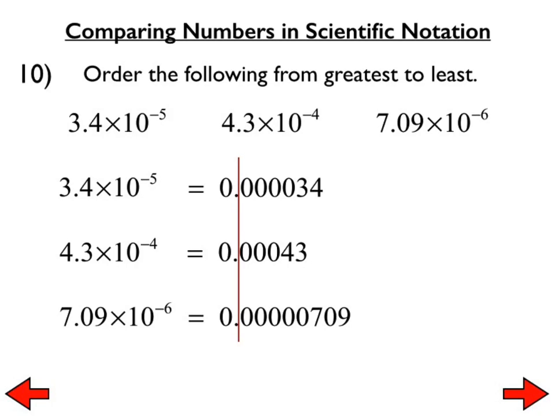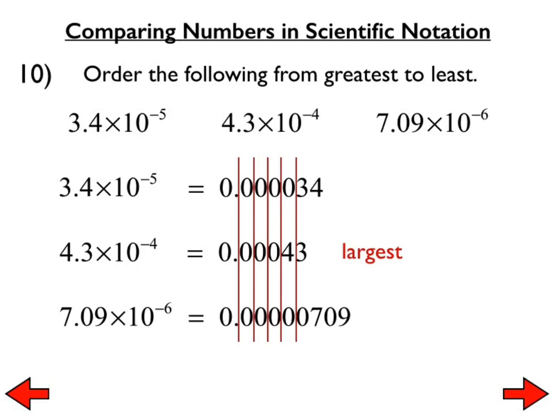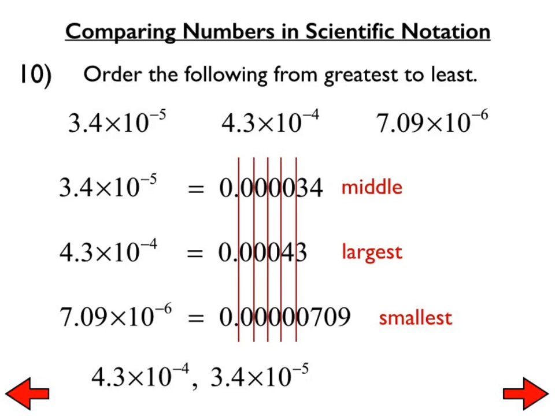Right now they're even, they're still even, they're still even, they're still even, and finally we can easily see that 4.3 times 10 to the negative 4 is the largest, and then go to the next column and we can see that 3.4 times 10 to the negative 5. And I know that there are other ways of figuring out the order for that. But that leads us to our last idea for today, and that is this.